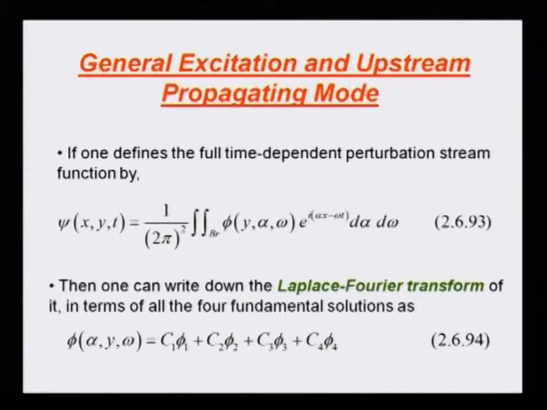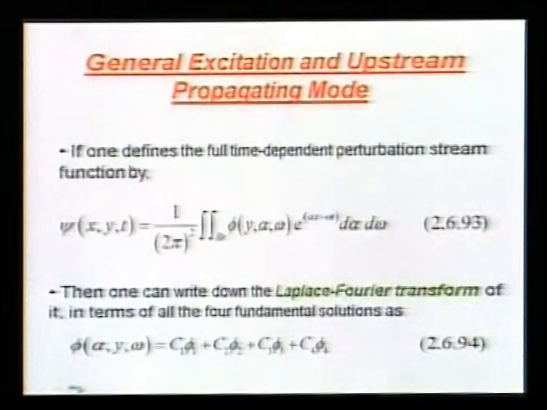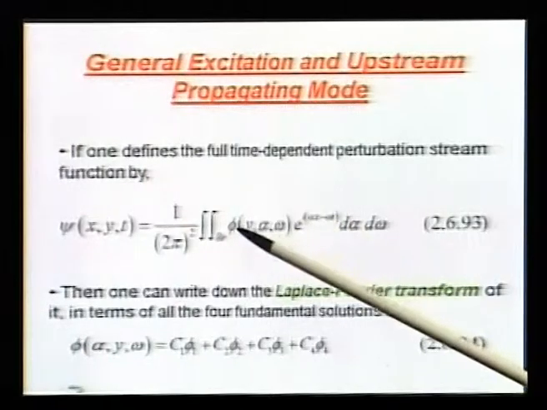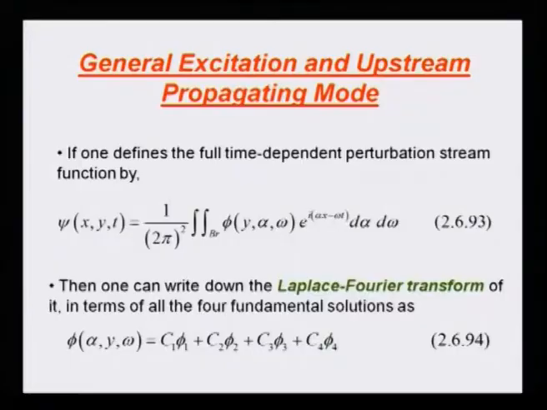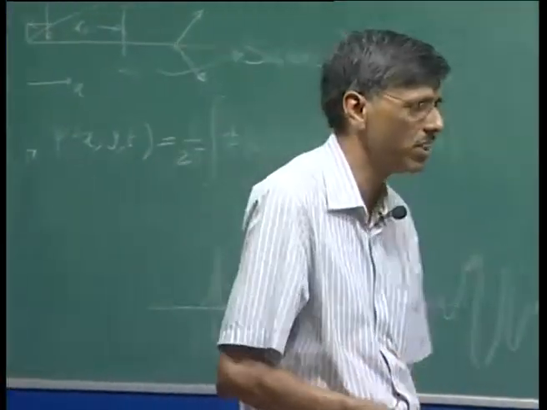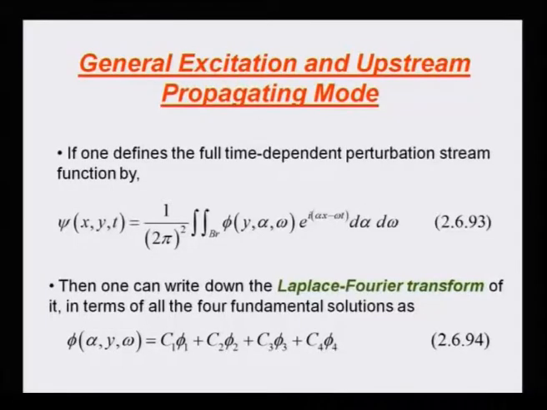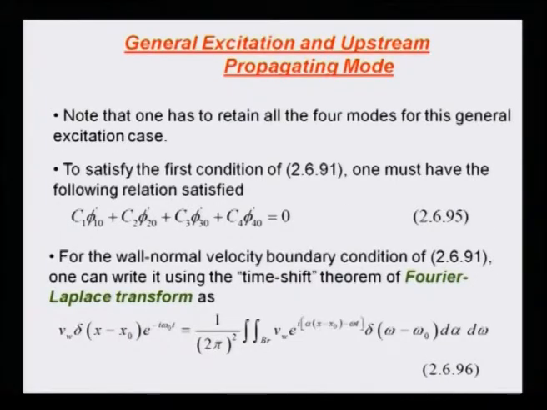So, now what we do is we once again write down the disturbance plane. This is a full problem. However, we note now this one should have all the 4 fundamental solutions. This is the essential difference. Now, if we keep all these 4 conditions, well, we can still do one thing.